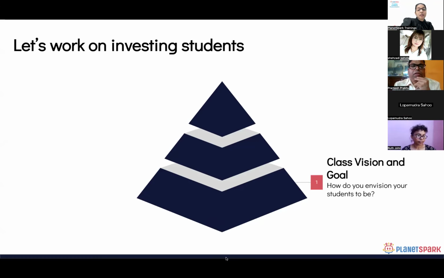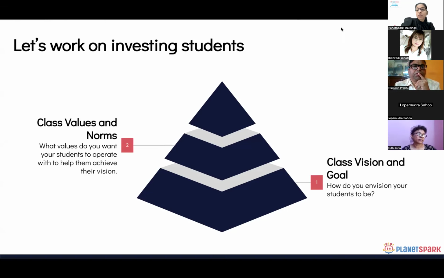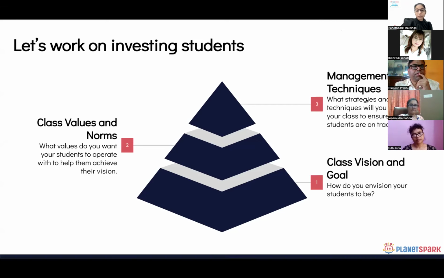Next comes, if this is the vision, then what are the values I would want them to operate with? Certain values, maybe certain norms that I want them to share and operate with that will help them achieve that particular vision and goal. And lastly, I know the vision, I know the classroom values and norms.